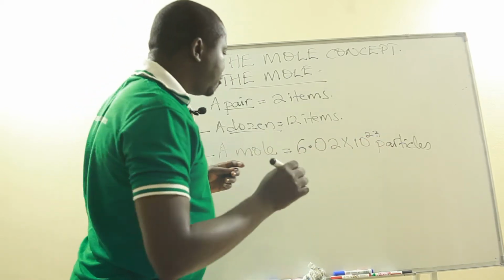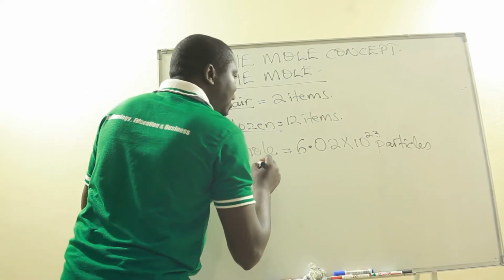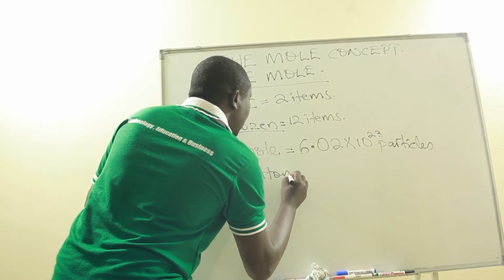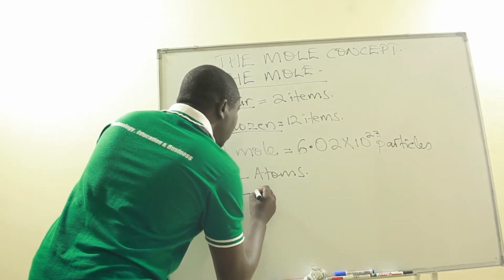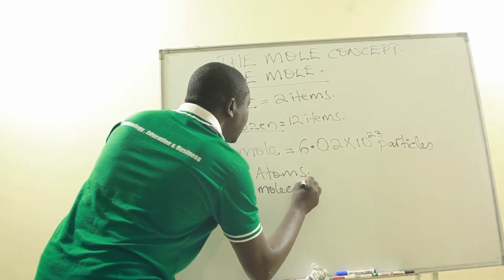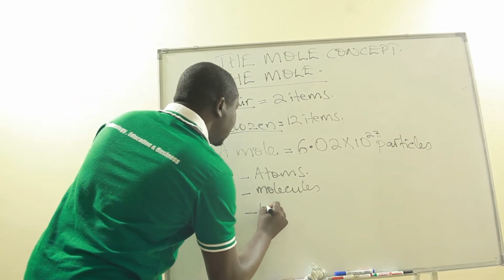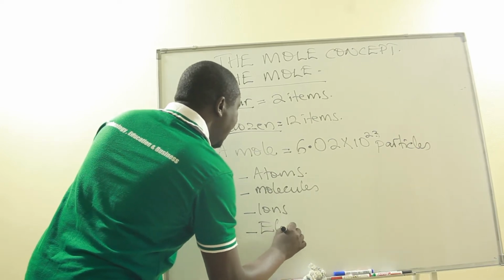The particles we deal with in matter are atoms, which are particles of elements. We have molecules, mostly for covalent compounds. We have ions, and we have electrons.